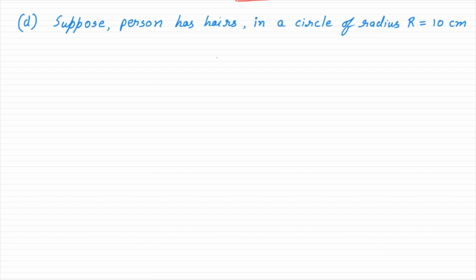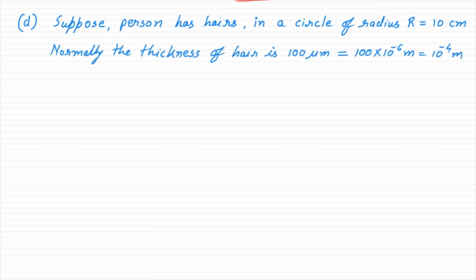We consider the area of the head where the hairs are as a circle, and the radius of that circle is 10 centimeter. Now the thickness of normal hair is about 100 micrometer, so it is 100 into 10 raised to minus 6 meter, that means 10 raised to minus 4 meter.